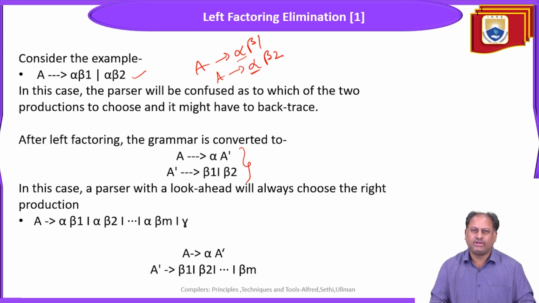This common factor, left factoring, is to be eliminated with the help of the substitution rules. That means if the given grammar contains the production, then it is to be replaced with two productions: A derives alpha A dash, and A dash derives beta 1 | beta 2.